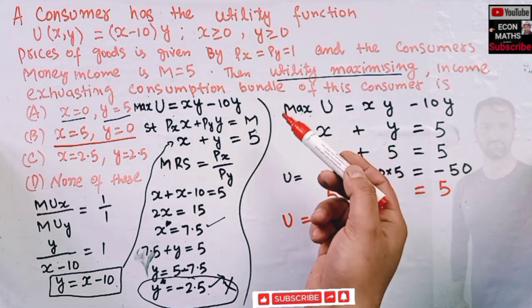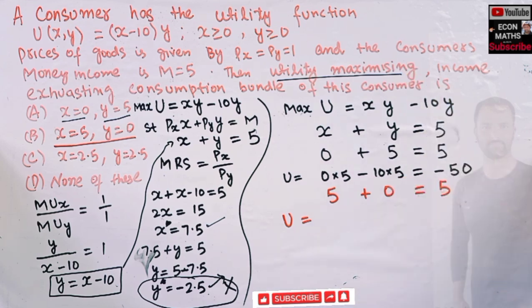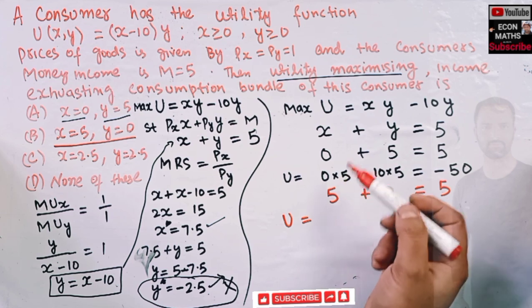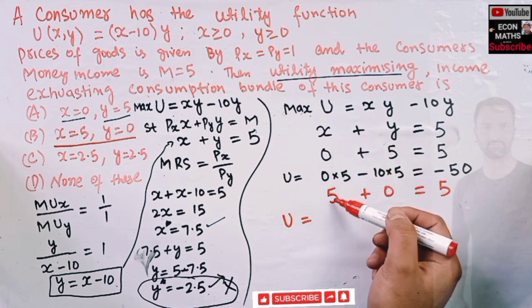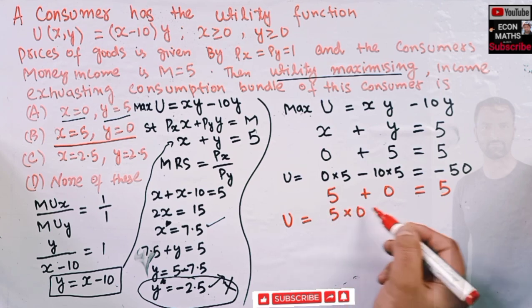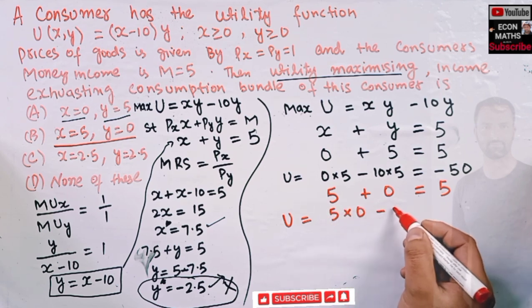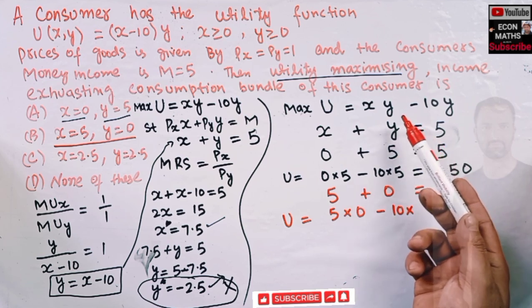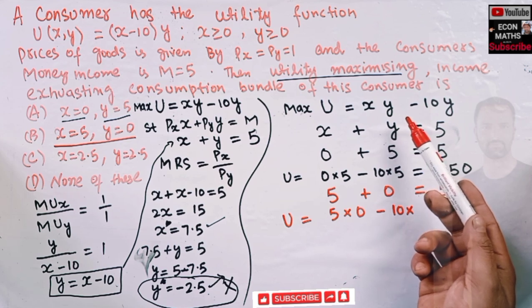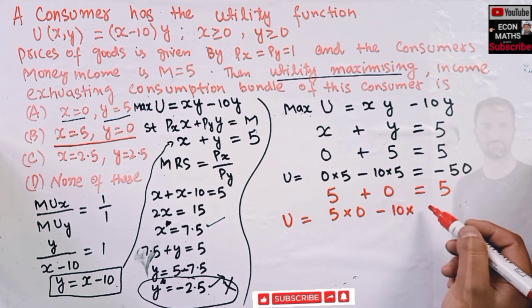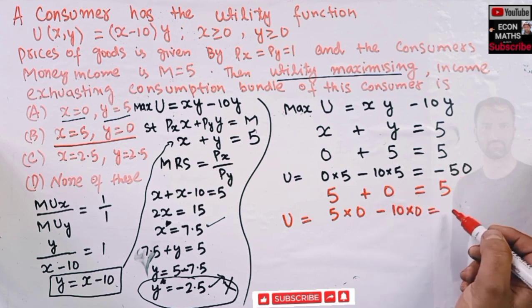Because we are told to find the utility-maximizing consumption bundle. Just plug in x is 5, y is 0, so we have 5 into 0 minus 10 into the value of y, which is 0, so this comes out to be 0. The consumer is getting 0 utility.